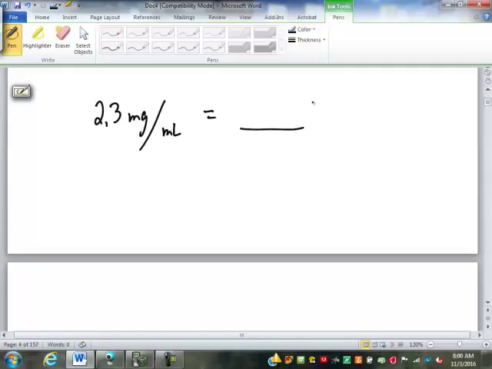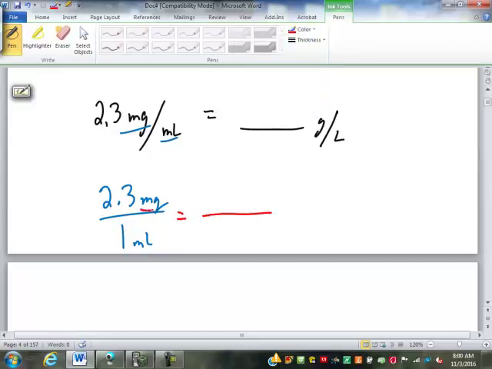And I want to know what's that going to be in kilograms, or sorry, in just grams per liter. Well, since both units are metric, we don't have to do that conversion factor anymore. 2.3 milligrams over 1 milliliter. We're still going to set it up like that.